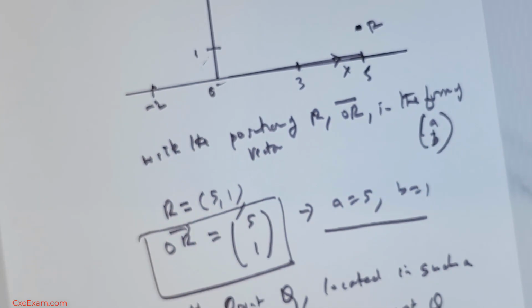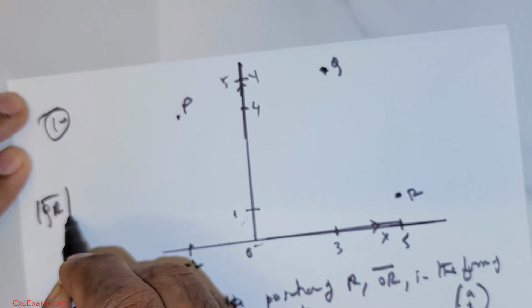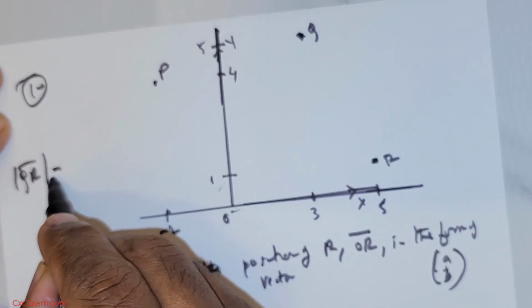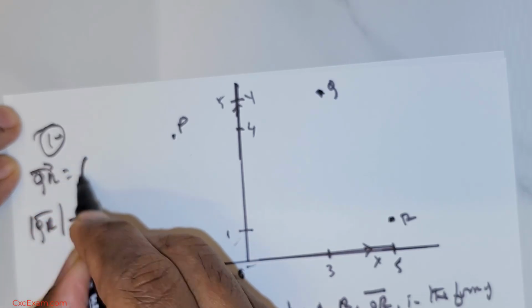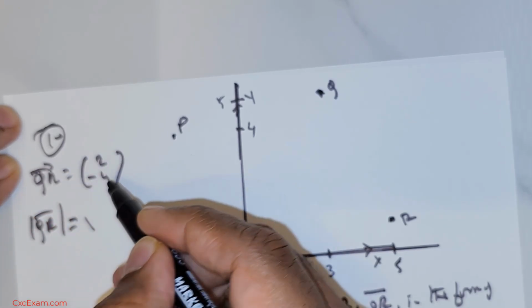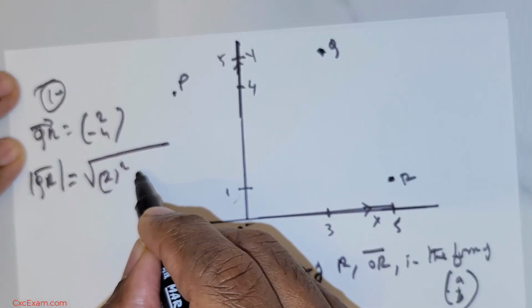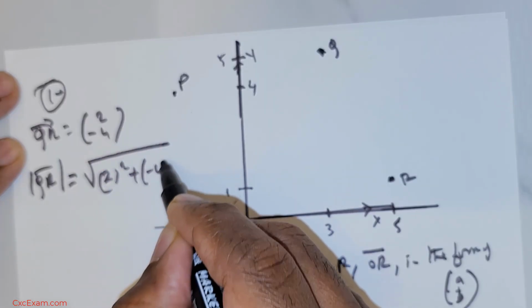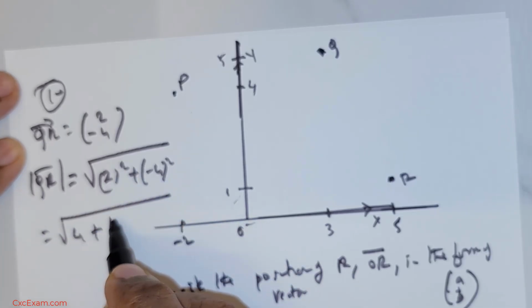Now we are asked to get the magnitude of QR. So magnitude of QR is equal to, now what is QR vector? QR vector is nothing but (2, -4). So magnitude is going to be the root of 2 raised to the power of 2 plus -4 raised to the power of 2. So which is nothing but root of 2 squared is 4, 4 squared is 16.